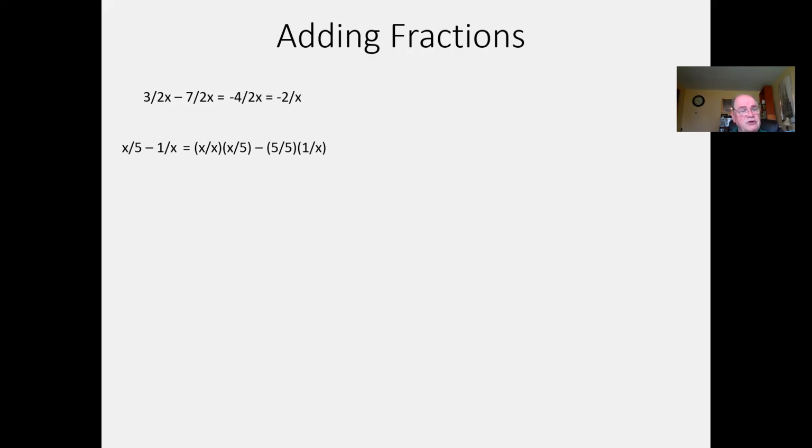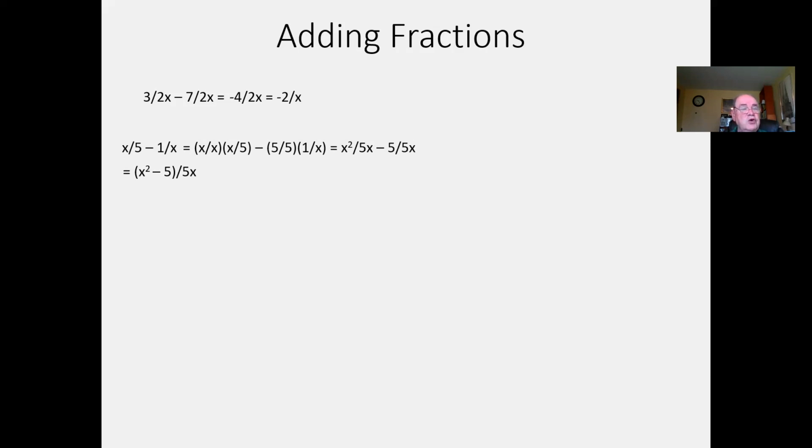X over 5 multiplied by x over x, which is just 1, will become an expression over 5x. And 1 over x multiplied by 5 over 5 will become an expression that is over 5x. And now that we have two fractions both over 5x, we can go ahead and add the numerators and get x squared minus 5 over 5x.